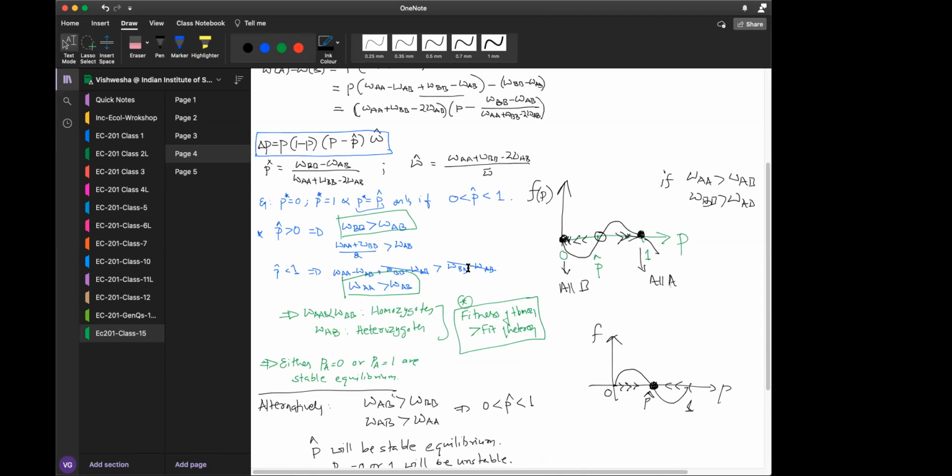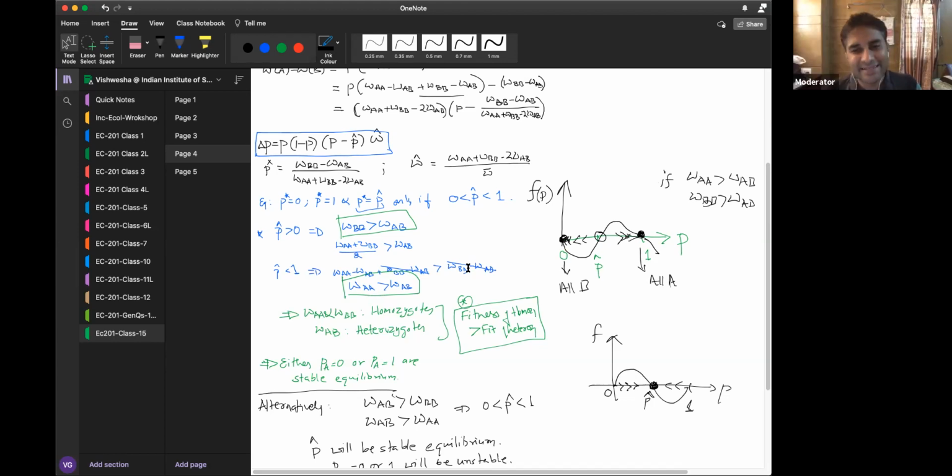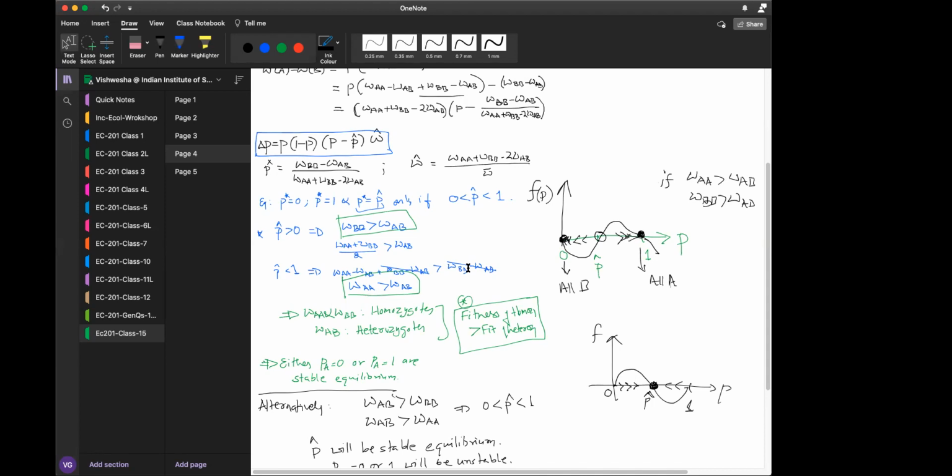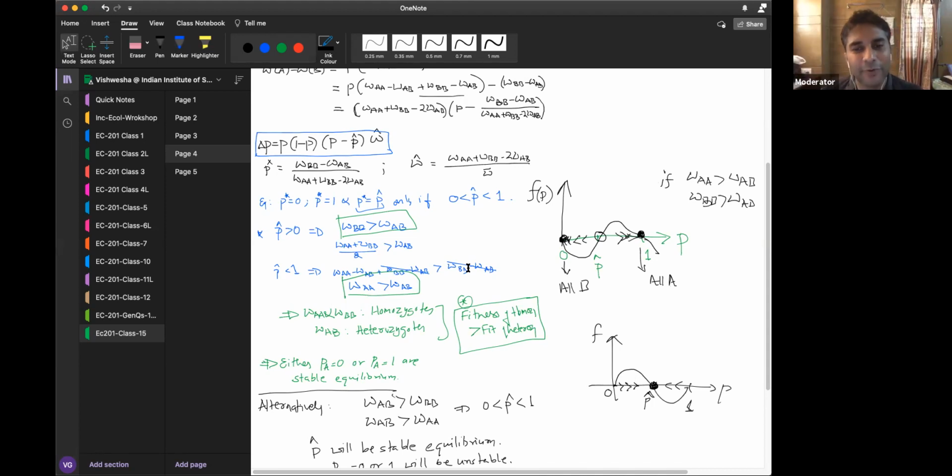This is because the fitness of an allele depends upon the other. That creates an intermediate unstable state, which separates and allows for the existence of two stable states. So this is another very simple case of multiple stable states.